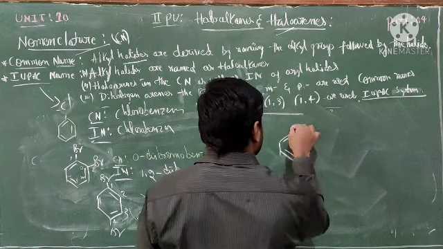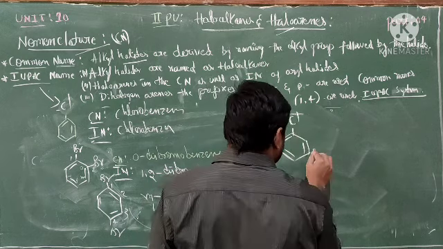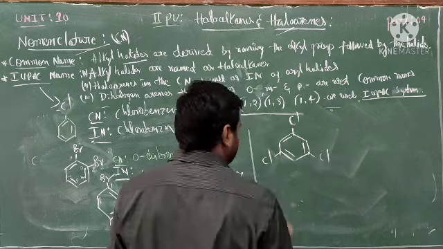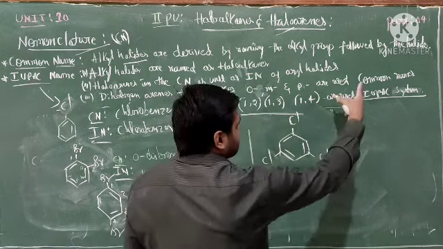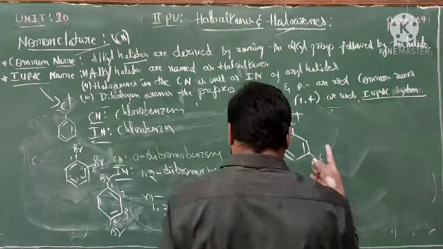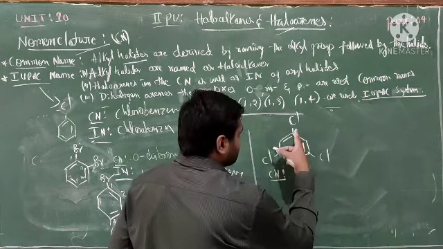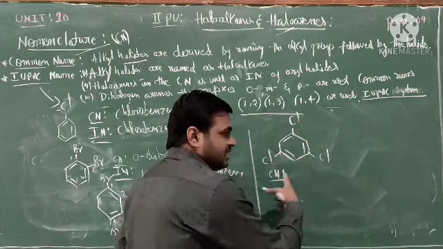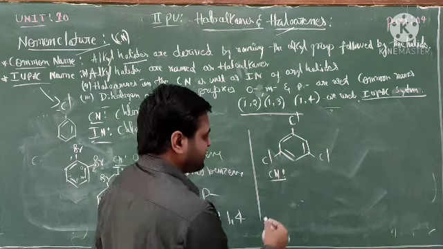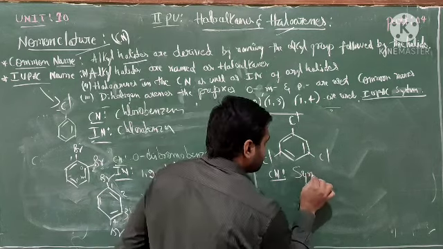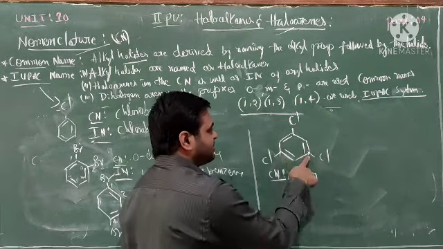Here there is chlorine, chlorine, chlorine. So what is the numbering called? For the common name we write 1, 2, 3, 4, 5.